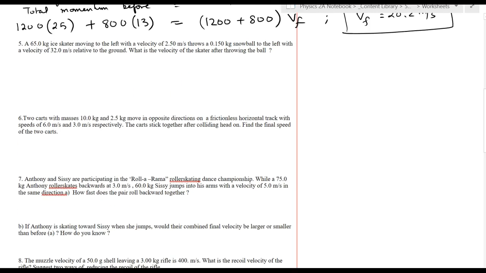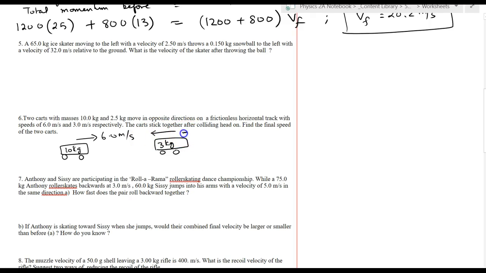Question number 6. So there are two carts of masses 10 kilograms and 2.5 kilograms moving in opposite directions on a frictionless track with speeds of 6 and 3 meters per second respectively. So I have the 10 kilogram cart moving at, let us say, 6 meters per second this way, and the 2.5 kilogram cart moving at 3 in the opposite direction.